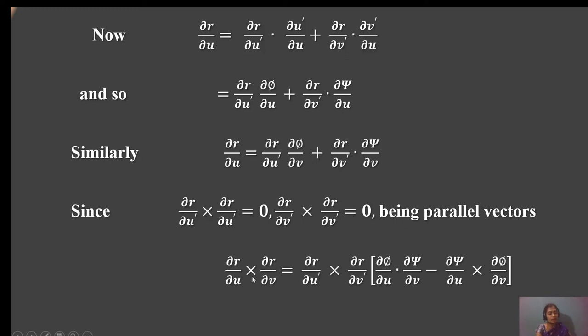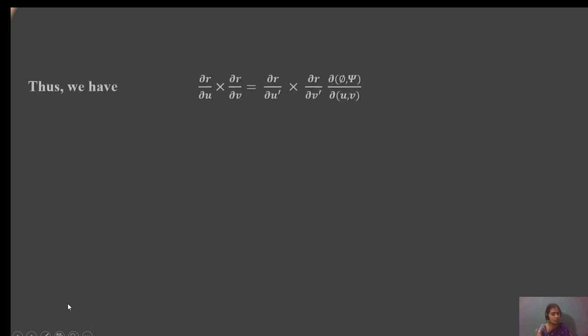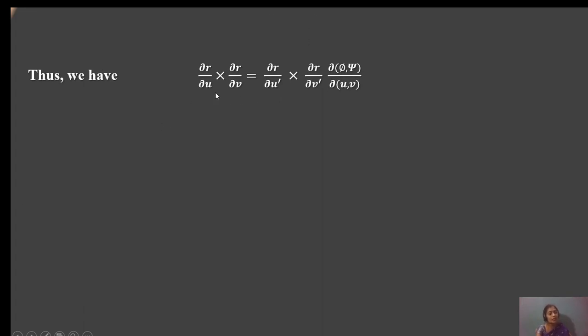Del r upon del u into del r upon del v equals del r upon del u dash into del r upon del v dash, times del phi upon del u del xi upon del v minus del xi upon del u into del phi upon del v. Both of these conditions will hold. Hence, del r upon del u into del r upon del v is expressed in the dash notation, del r upon del u dash into del r upon del v dash, times del phi xi upon del u v.